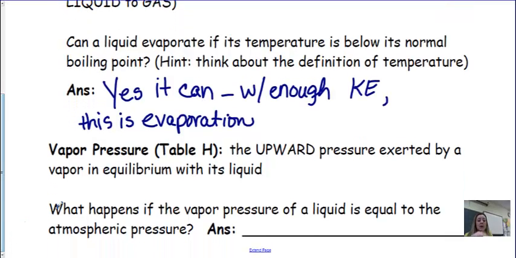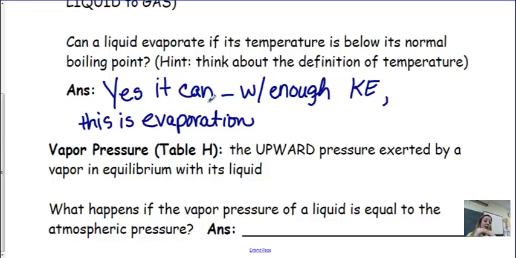Okay, vapor pressure, table H. If you look at table H in your reference tables, it has these curves here that give you an idea of vapor pressure for specific substances that we are going to be talking about later. But what is vapor pressure? It's the upward pressure exerted by a vapor in equilibrium with its liquid.